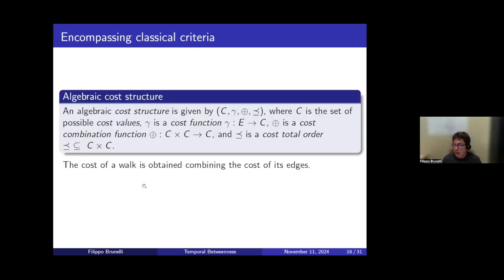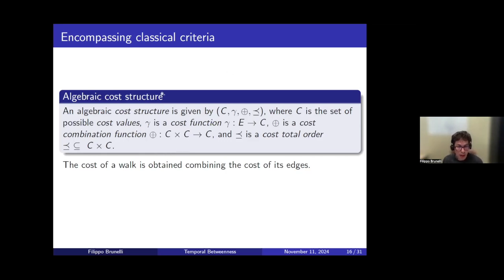Here I want to introduce another tool that we used in our work, which is a way to have a very general algorithm, able to encompass the computation for all the classical criteria and also different types of criteria that one might want to define.